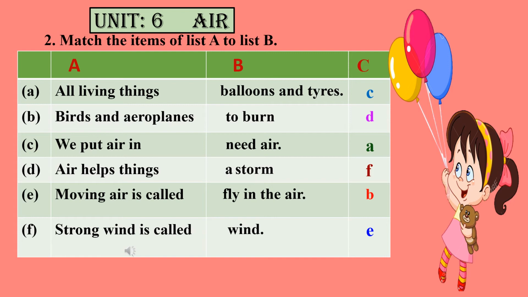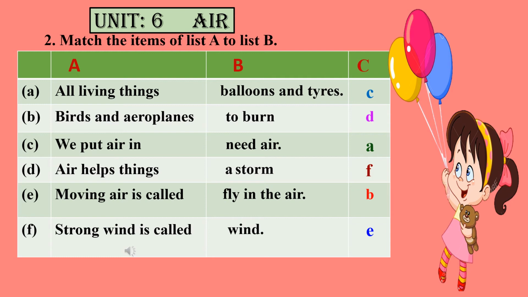Okay, so I'm telling you, I'm first reading the sentence, and then you will tell me from column B what is the correct part of the sentence that we have to match with column A. Okay, first I'm reading A column and then I will read B. First sentence is all living things.